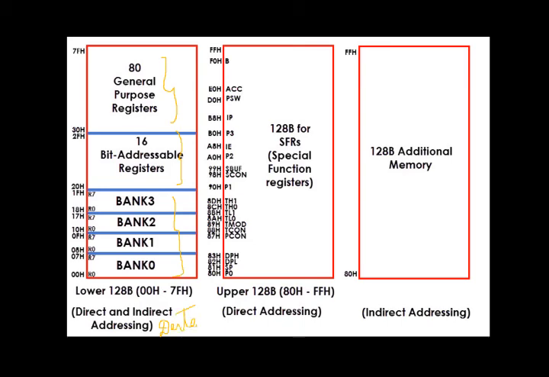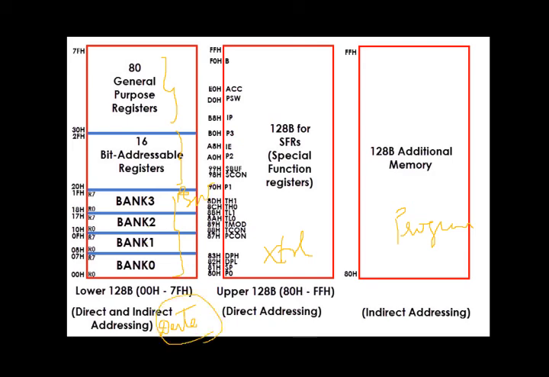Direct and indirect addressing modes are nothing but data memory. And this is an external memory space, and additional memory can be given for your program memory space. Bank 0, bank 1, bank 2 and bank 3 can be accessed through the program status word, PSW. In the next slide I'll explain what the program status word is all about.